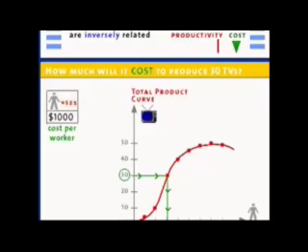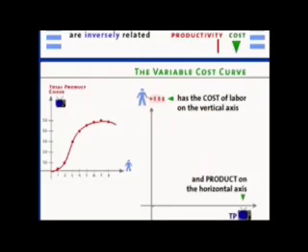Start with our product curve, and the first thing you want to do is flip the axes around. So I'm going to pick up my product curve like this. I'm going to pick it up and flip it over and lay it right here on my cost graph. Notice what I have now is a kind of inverse or mirror image of my original curve.